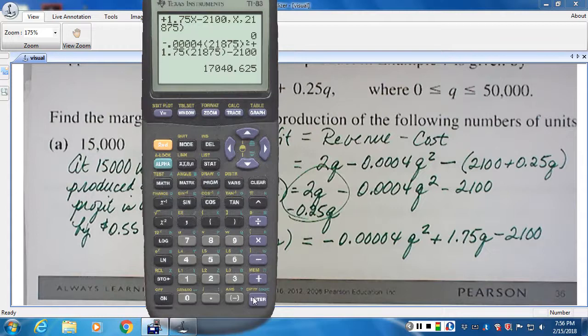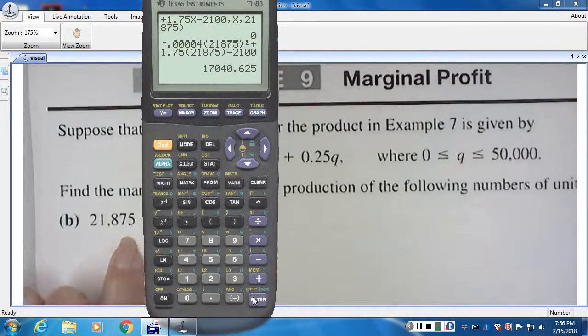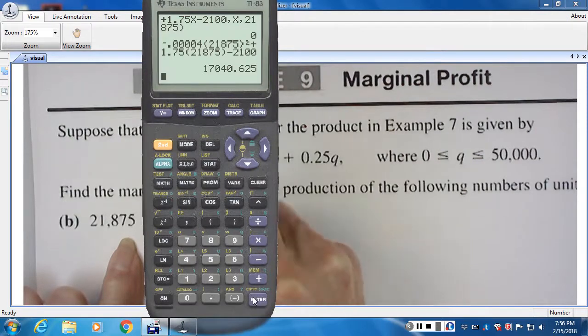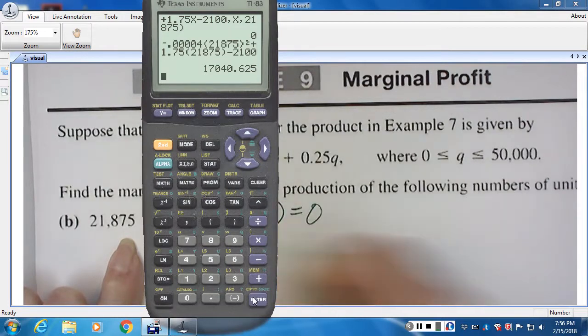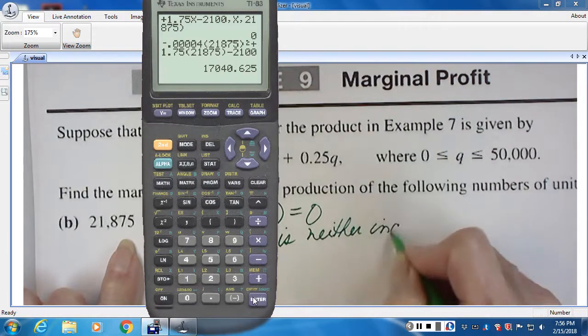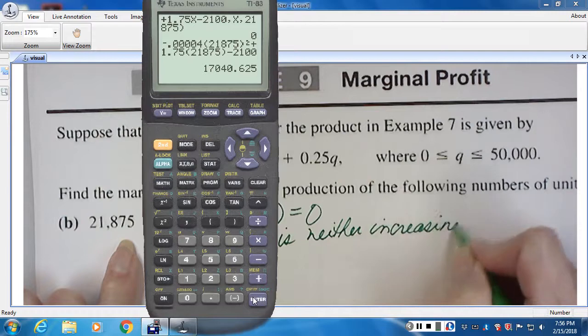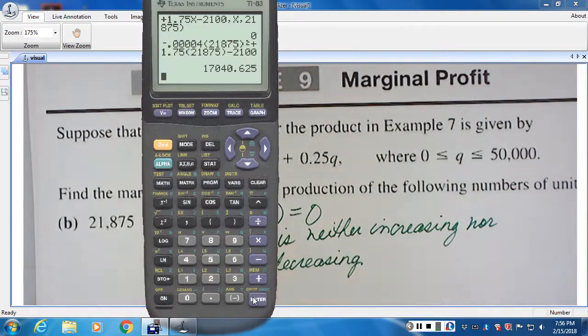And I know that that is my maximum profit because my derivative of profit at that point is zero. At that point, my profit is neither increasing nor decreasing.